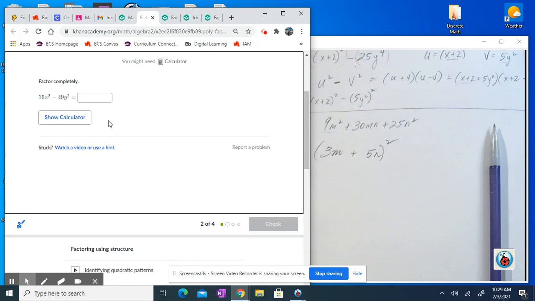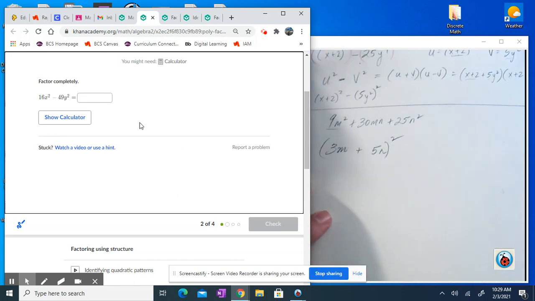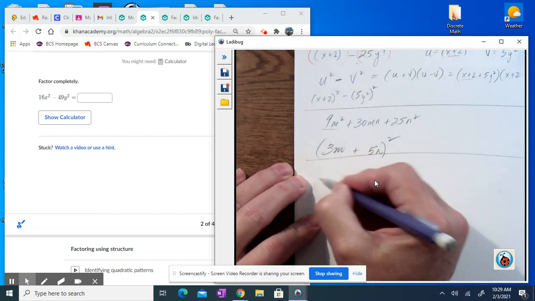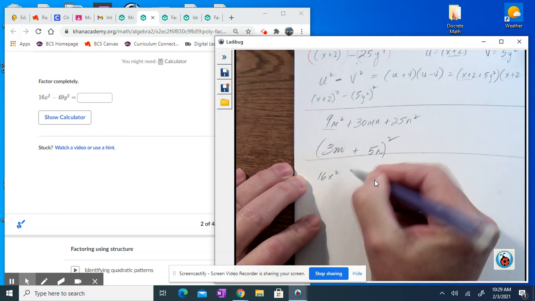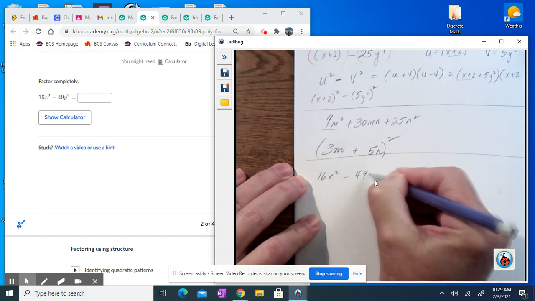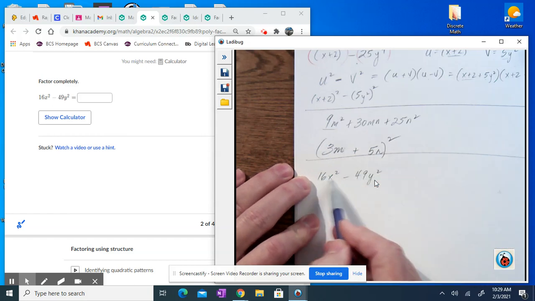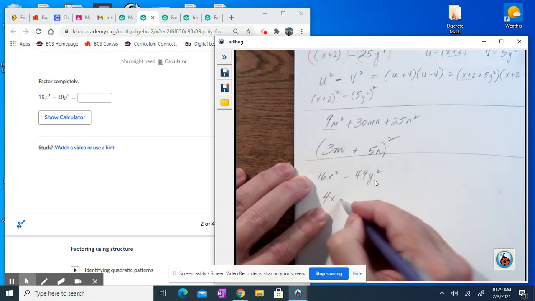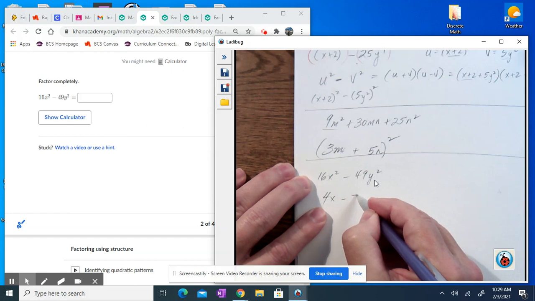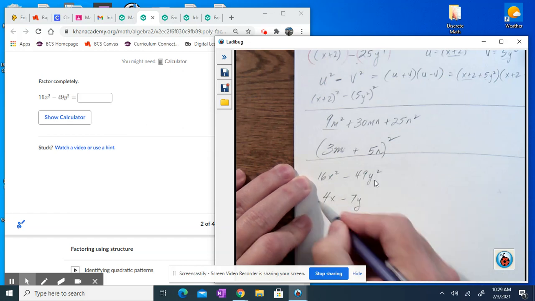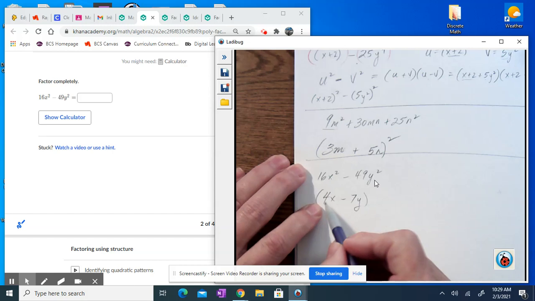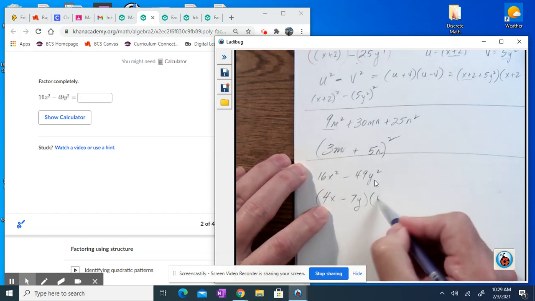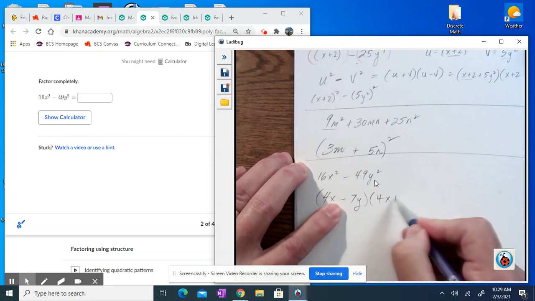That is a difference of squares, right? That's a difference of squares. Let's see. 16x squared minus 49y squared. So you can take the square root of that, which is 4x, right? You can take the square root of that, which is 7y. And if you remember, because of the difference of squares, it factors to this, but also the same thing again with the opposite sign.